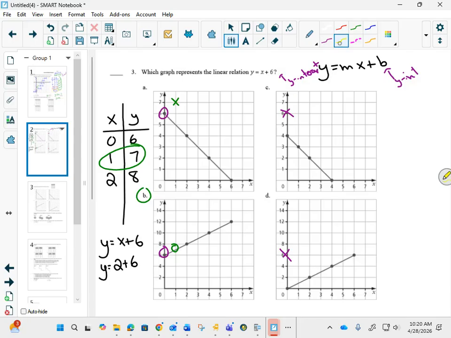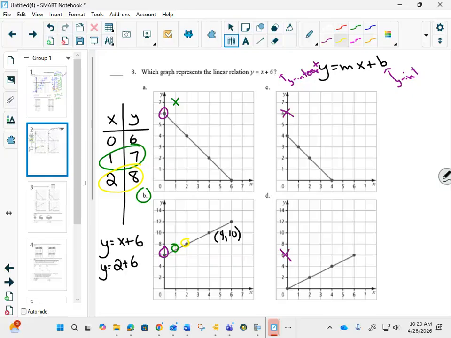And if I check that one out, look at this: 2, 8 matches up. 3 points in a row that match up on that graph. If we kept going, on this graph x is 4, the y is 10. I have the point 4, 10. Does it match up with the equation? When you plug a 4 in for x, do you get 10 for y? Yes, that makes sense.